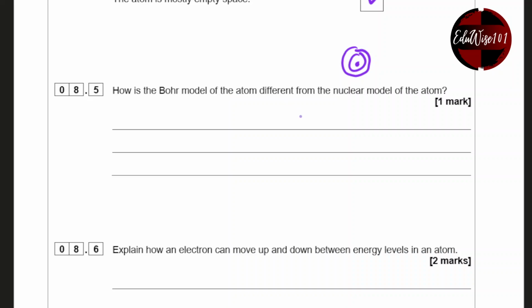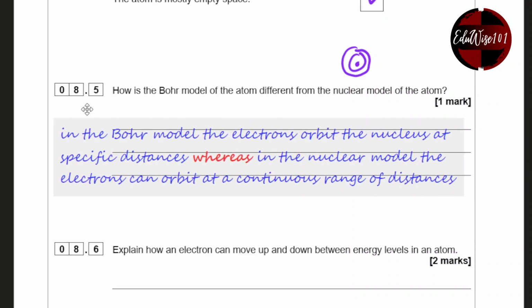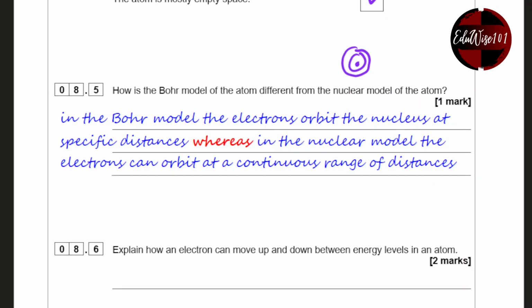Whereas the Bohr model is much more specific. In the Bohr model, the electrons orbit the nucleus at specific distances, which we call shells, whereas in the nuclear model, the electrons can orbit at a continuous range of distances.